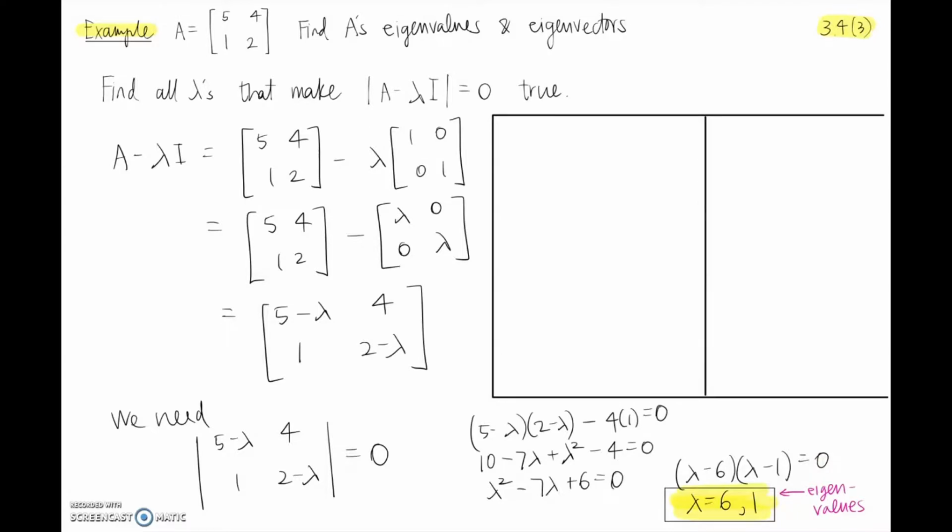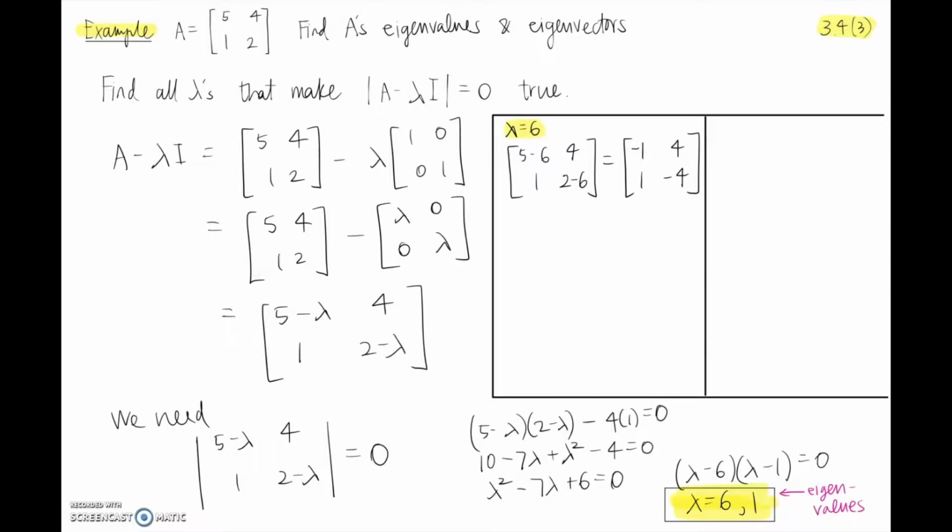So if lambda equals 6, then I have, just looking right here, the matrix 5 minus 6, 4, 1, 2 minus 6. I don't know if I said vector before, but I mean the matrix: negative 1, 4, 1, negative 4. Okay, and so we always have to keep reminding ourselves, what is it that I want?